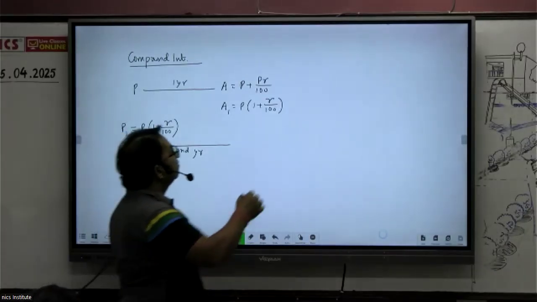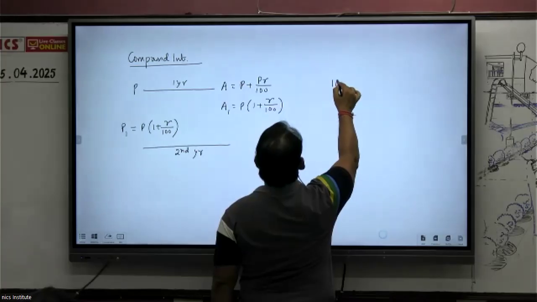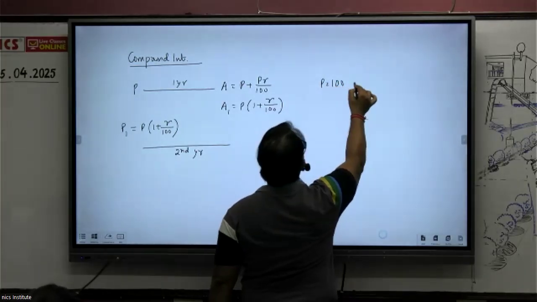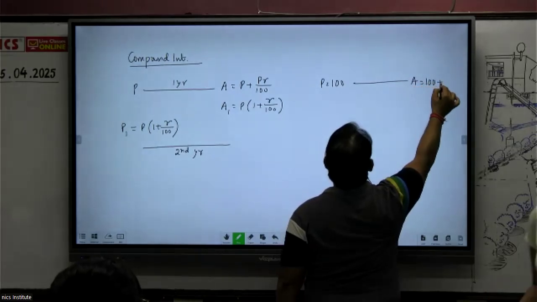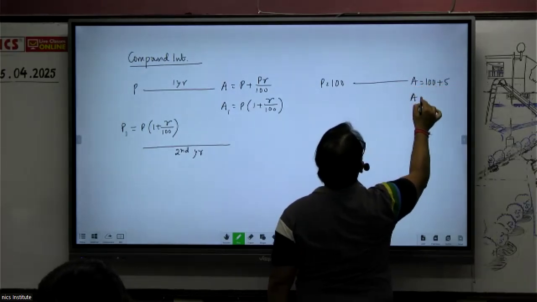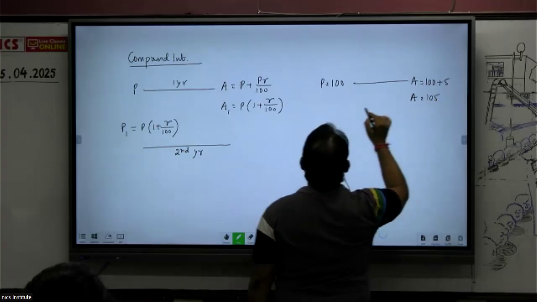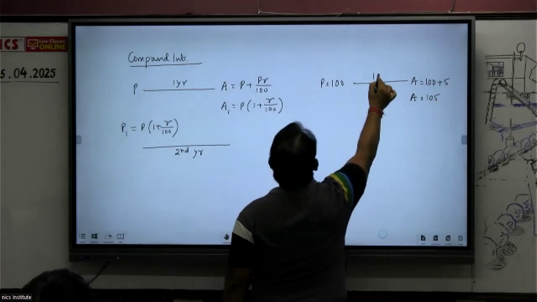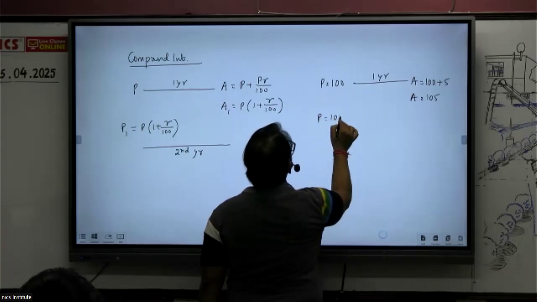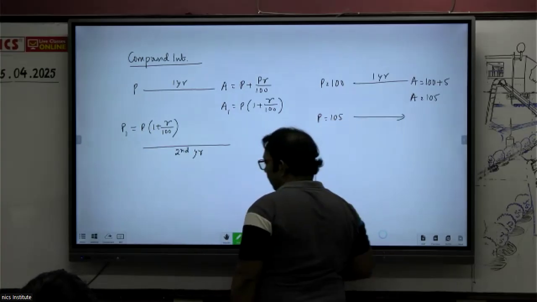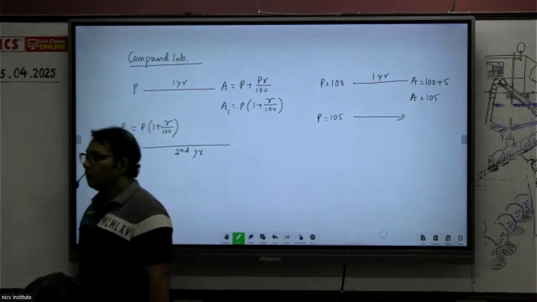For example, if you borrow 100 rupees, after 1 year amount due is 100 plus 5. But for the second year, principal would be 105 and the interest will be calculated on the 105 rupees.